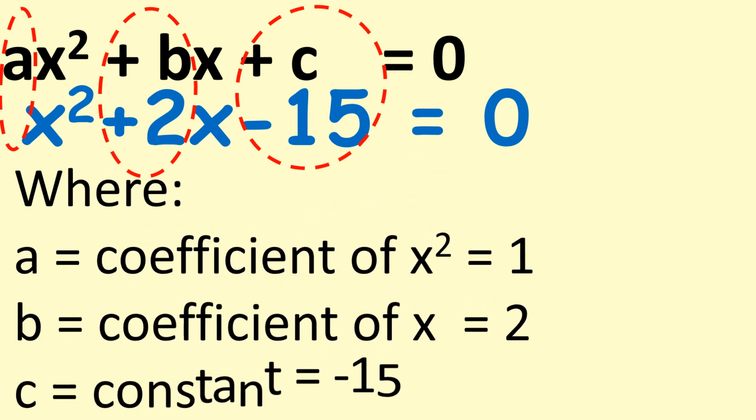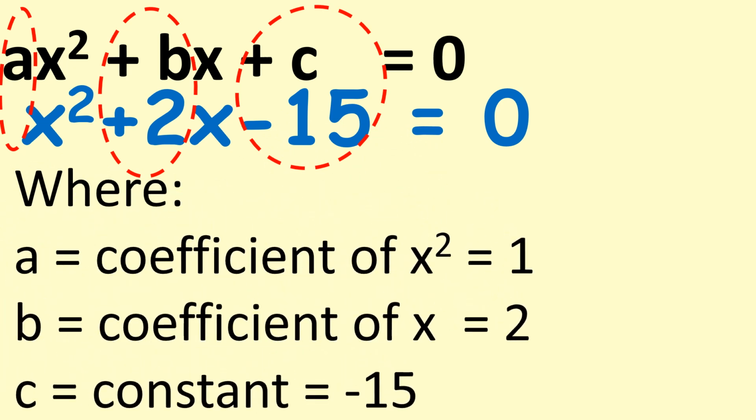So a is equal to the coefficient of x squared, which is 1. Remember that a is whatever is multiplying the x squared. B, by comparison, is the coefficient of x, that is whatever is multiplying x, and in this case it is plus 2, which is 2.